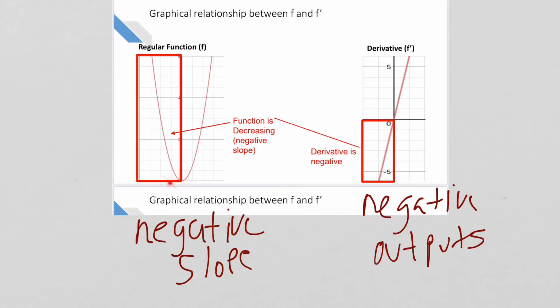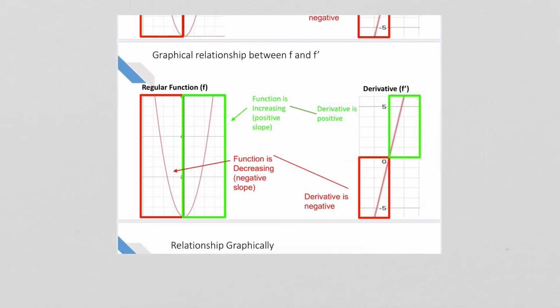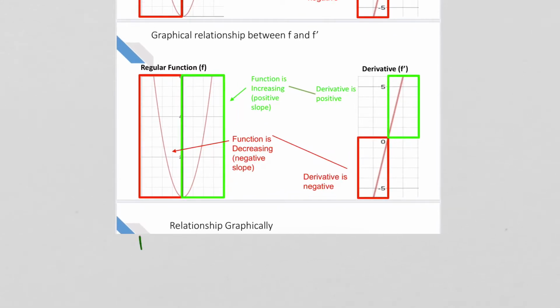Right here the tangent line is flat. The slope is equal to 0, and then the function starts to increase, and the derivative starts to be positive. So now we have a positive slope. The function is increasing.